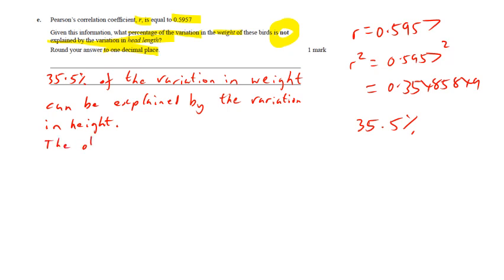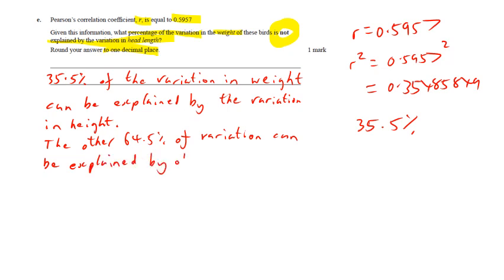The other, well, what's left of 100%? 64.5% of variation can be explained by other causes or factors, whatever you want to say.